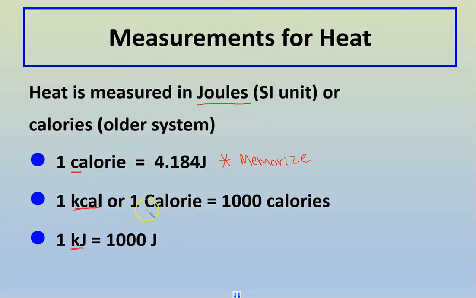So I want to point out this, do you see the big C and the little c? If you ever look on your packaging for foods, etc., they put a capital C. For instance, it says it has 100 calories. That means it actually has 100,000 calories.